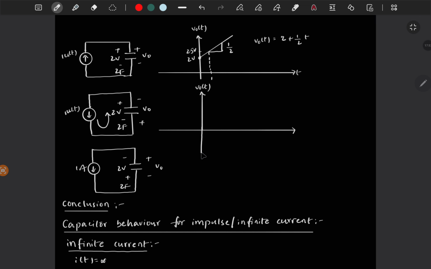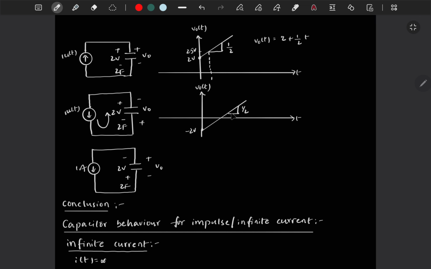So the initial voltage is minus 2 volt if you take it in this direction. Then this starts charging up with the slope of 1 by 2.